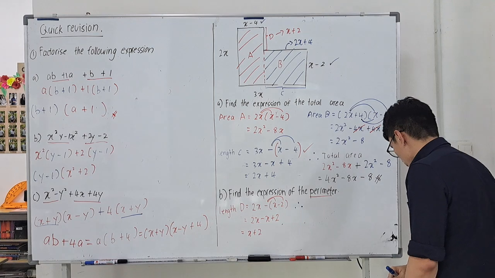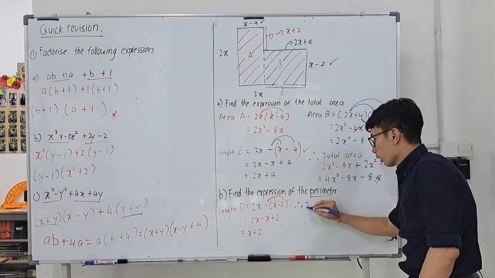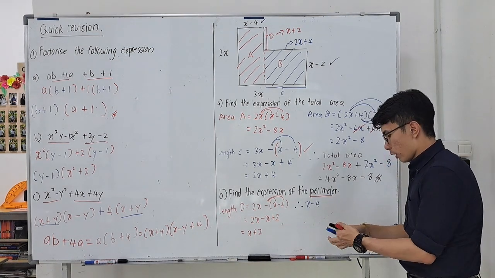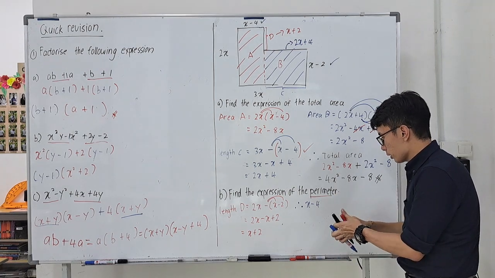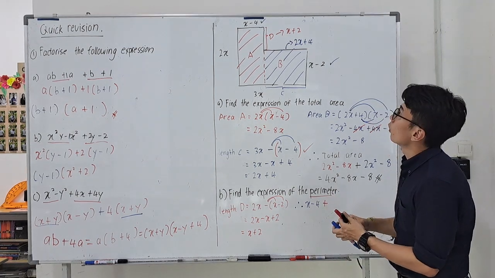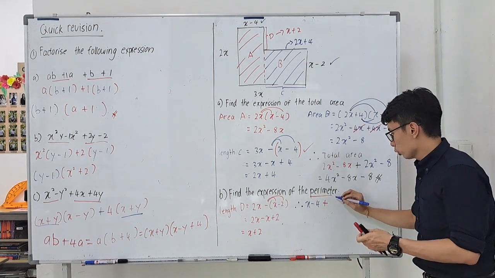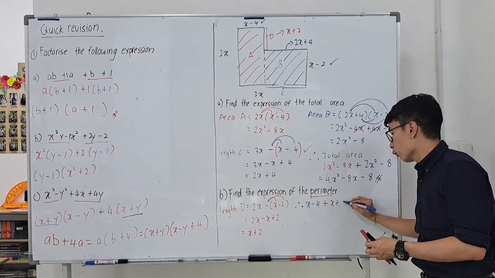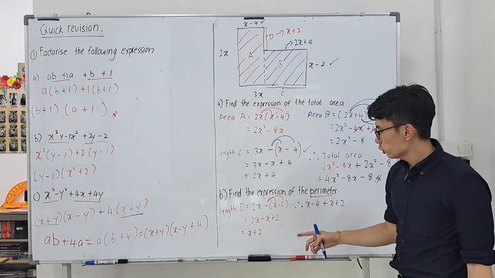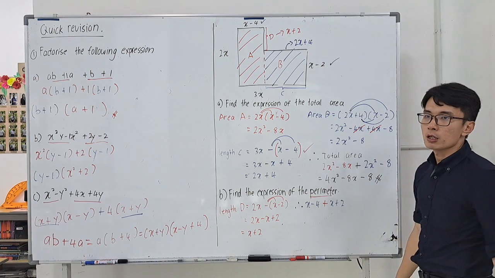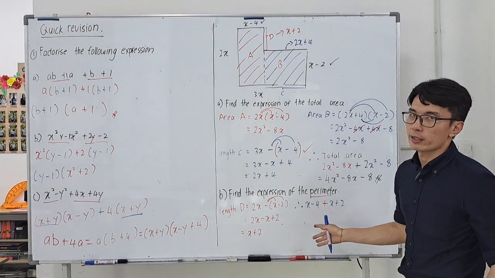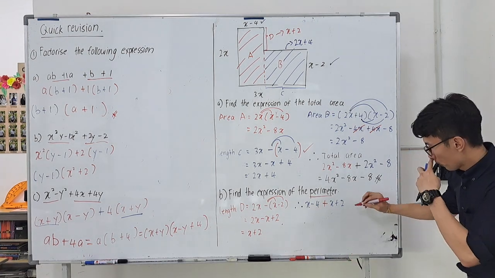So I have x minus 4, and everything I will add with x plus 2. So I'll write x plus 2 here. Now again, we are dealing with an addition, so I don't put bracket because it's the same thing. But even if you want to put bracket, that's fine. There's nothing wrong with that, okay?